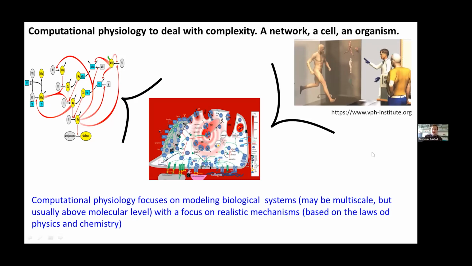At the same time, computational physiology modeling is distinct from other types of modeling by the fact that it focuses on mechanism-based simulation, meaning that you use real laws of physics and chemistry in order to create your equations.